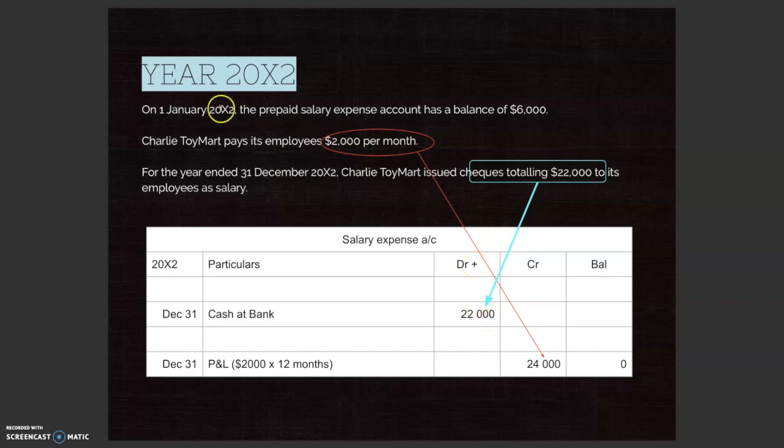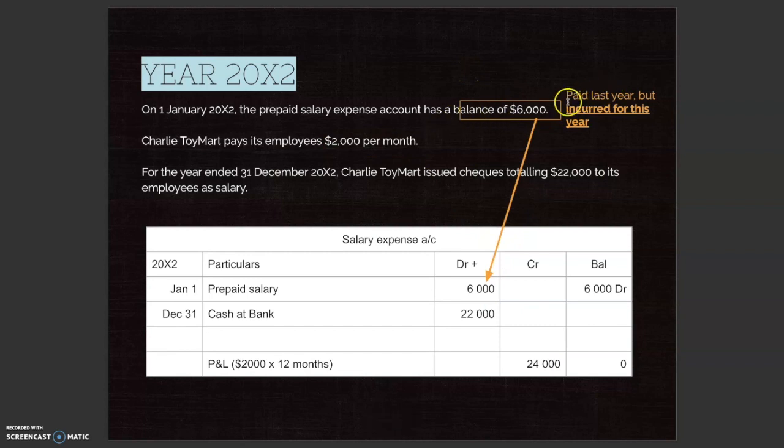However, at the start of the year, the prepaid salary expense has a balance of 6,000. That means this 6,000 was paid last year, but we are going to incur it for this year. Remember, when we talk about expense, we are talking about the amount of service that we will be using this year.